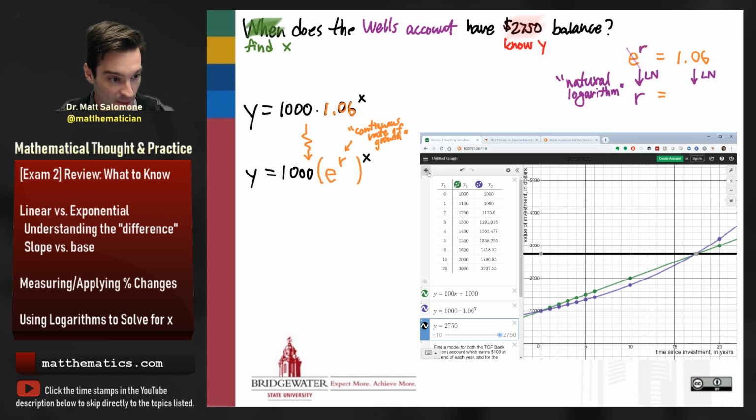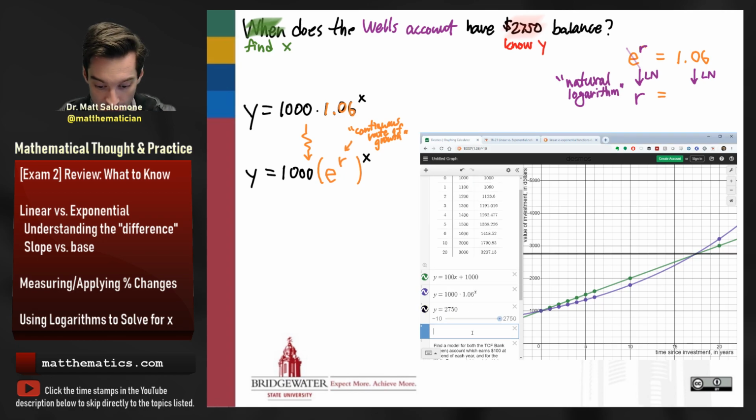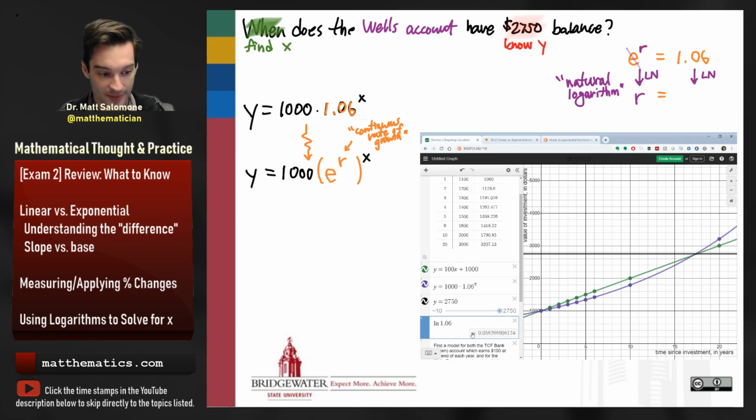I'm going to use Desmos as my calculator here for a second, and just ask Desmos, what is ln of 1.06? And it gives me this decimal, 0.058268 etc., etc. I'm going to round that off and keep a few decimals, but I don't want to keep all of them. I couldn't keep all of them because there's infinitely many. 0.058269, let's say. Okay, so I'll round it off right about there.